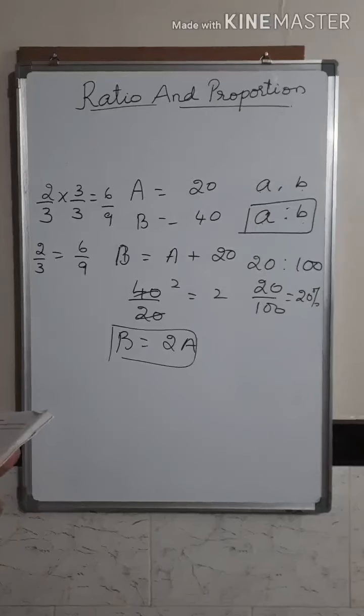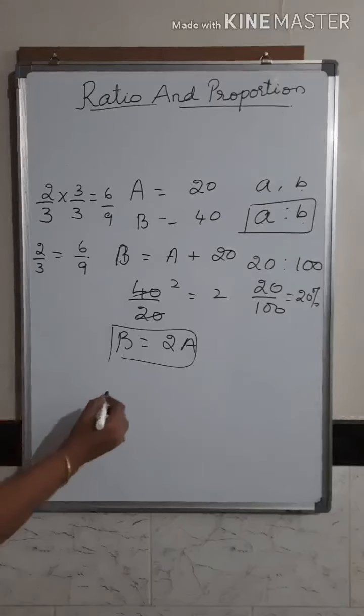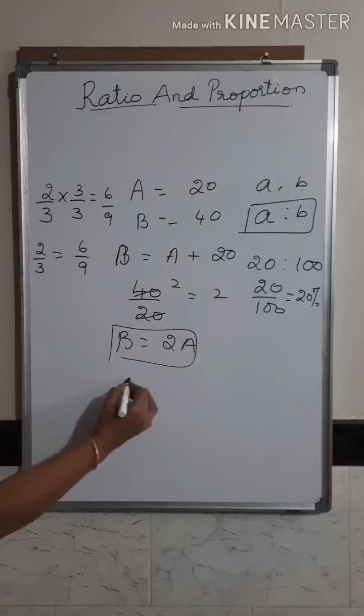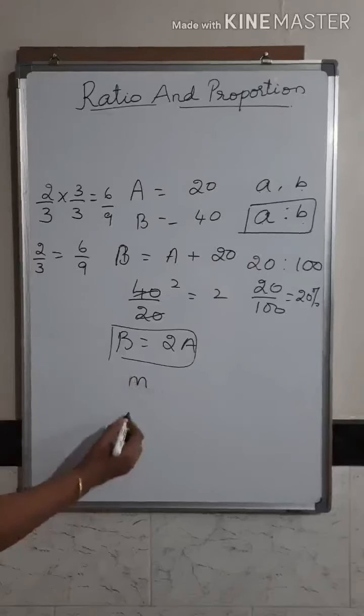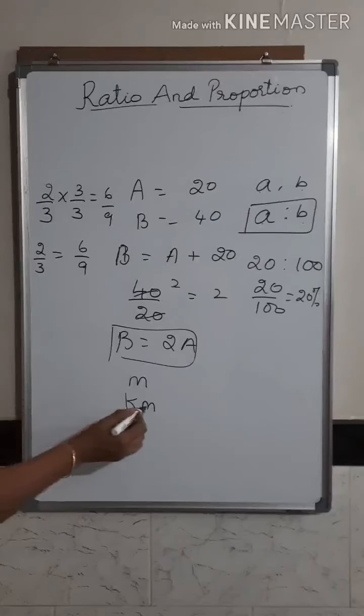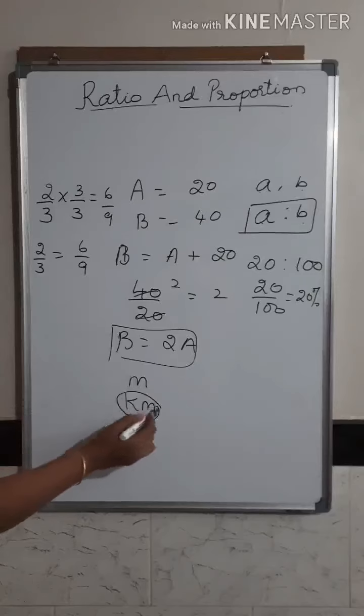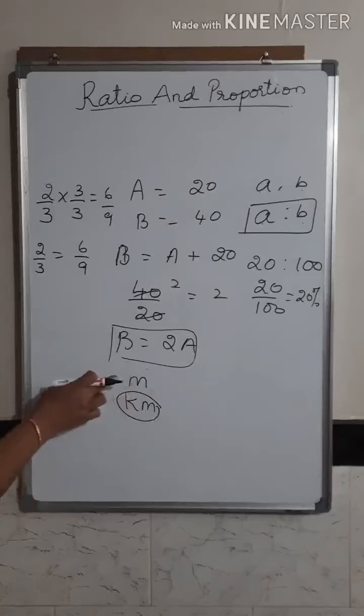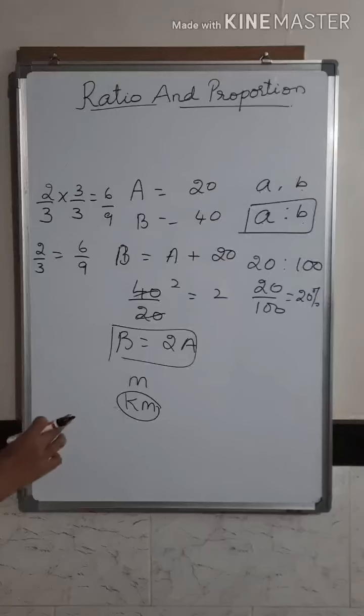Now the fourth property is, whenever you are making the comparison between two ratios, the ratios should be of the same unit. So what do you mean by same unit? Suppose you have one ratio in terms of meters and the other ratio in terms of kilometers, as it is you cannot make the comparison between the two ratios. You have to convert the kilometers also in terms of meters, and then make the comparison.